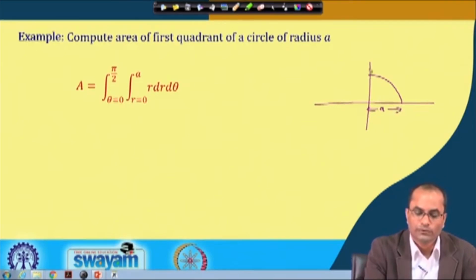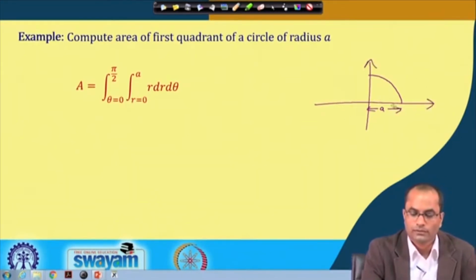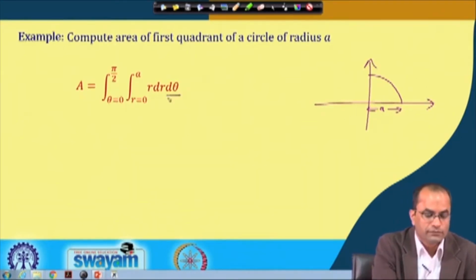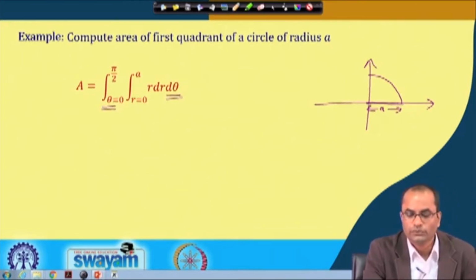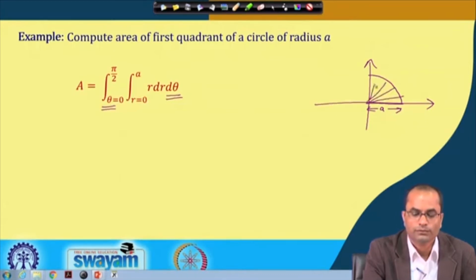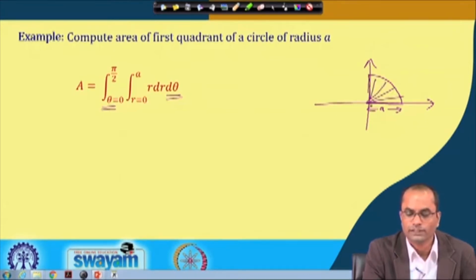So, the limits for theta first: theta will vary from 0 up to pi by 2.